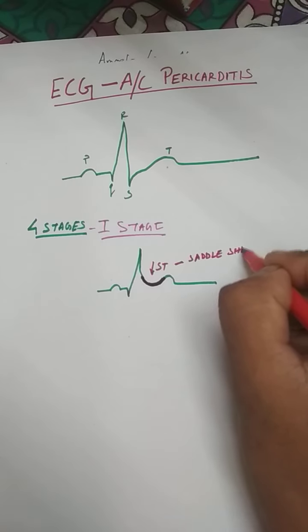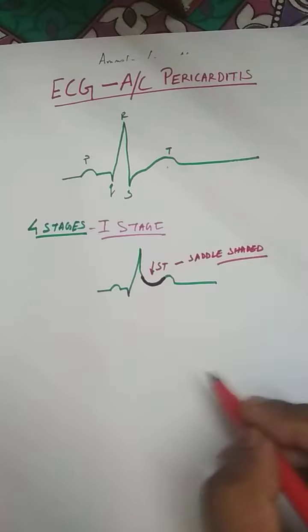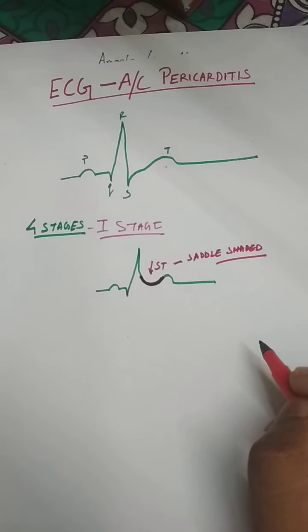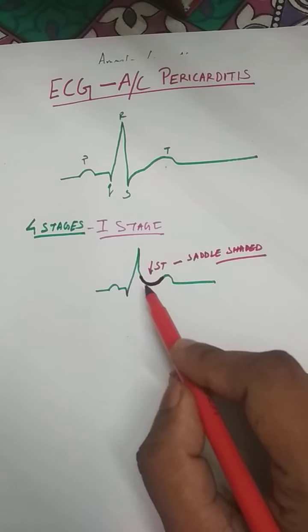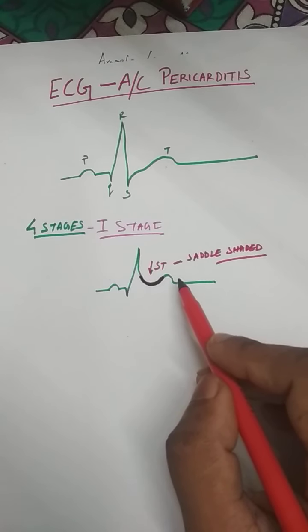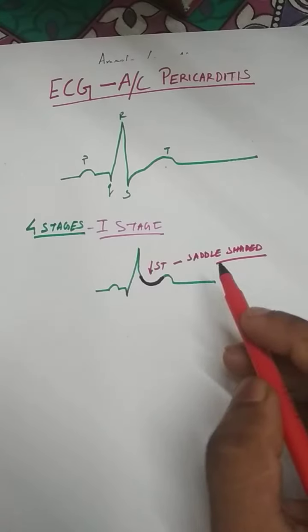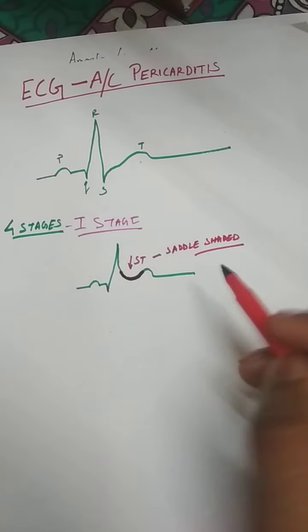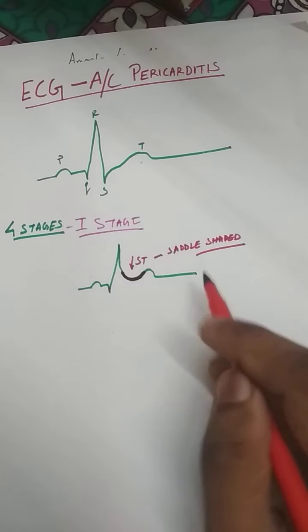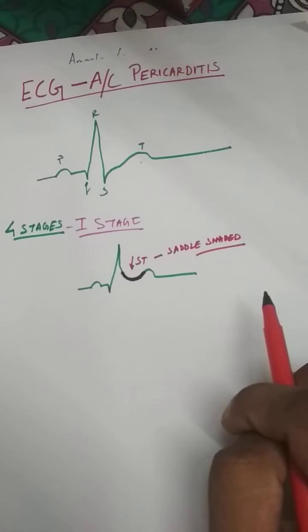So there would be ST segment elevation with upward concavity, which is also called saddle shaped rise of ST segment. And the peculiarity of this ST segment elevation is that it is widespread.